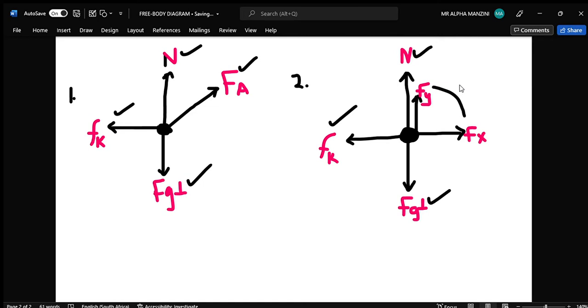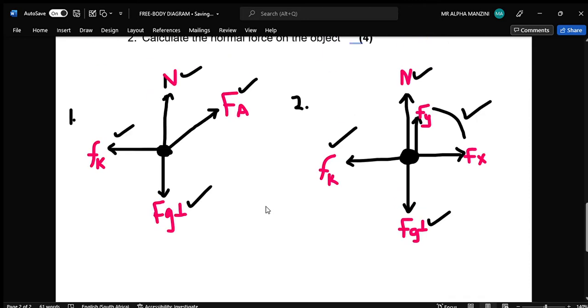So give it 1 mark, because it's 1 force, but in 2 dimensions. So we call it 1 force. And remember, no additional force. Once you add any force that is not on the object or on the motion, it's subject to 1 mark.